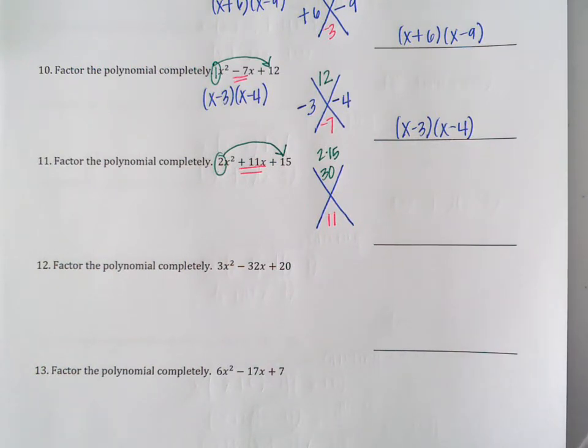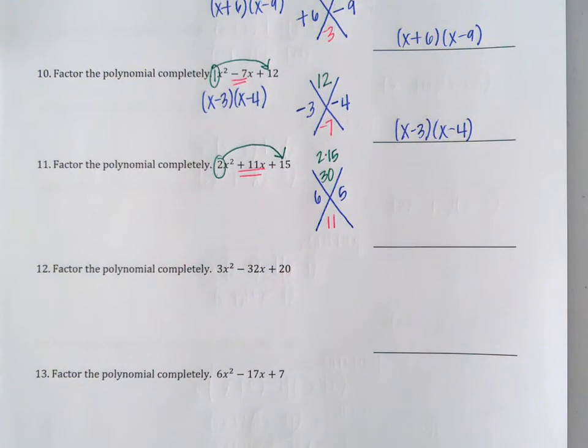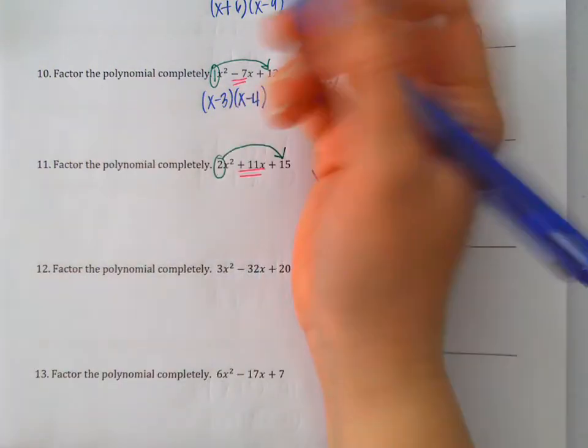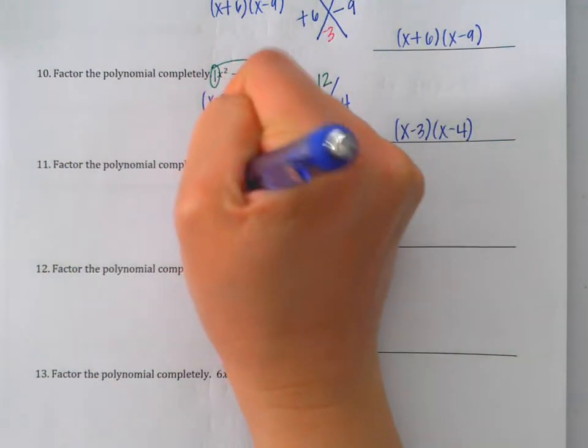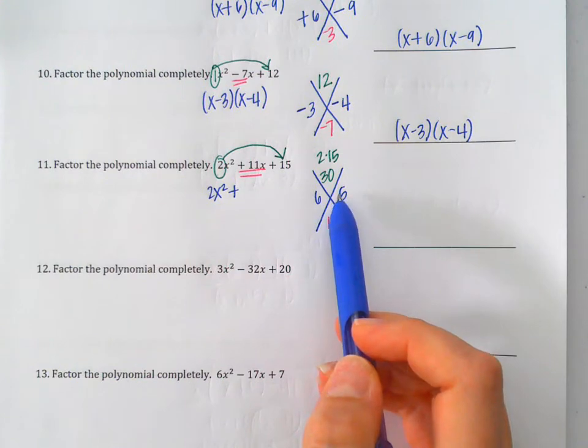Okay. So we're thinking, what two numbers multiply together to get 30 and add to get 11? And if you got 6 and 5, you would be correct. Remember, A is not equal to 1, so we have to split the middle term. So 2x squared stays the same, plus, and we can write 6 or 5 in any order.